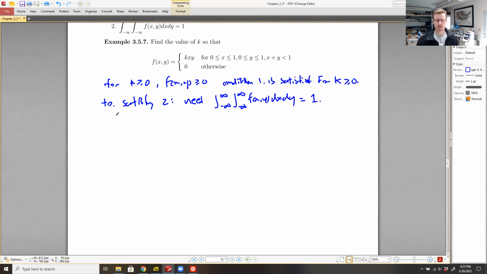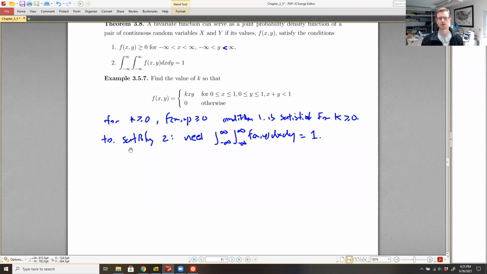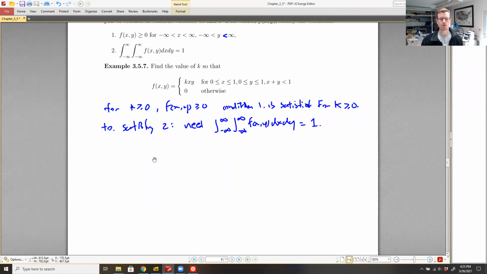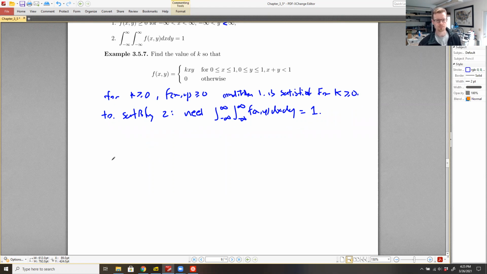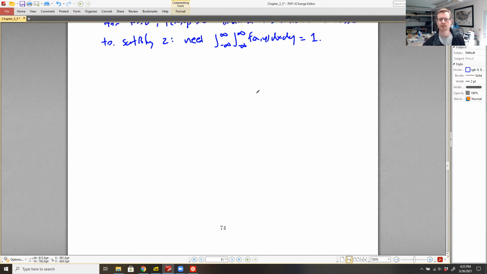So a couple different things to make note of here. The primary thing being integration bounds. What are we actually integrating over? Well, all that we need to integrate over is the non-zero region. So let's observe what the non-zero region is. So give my axes here a moment again.